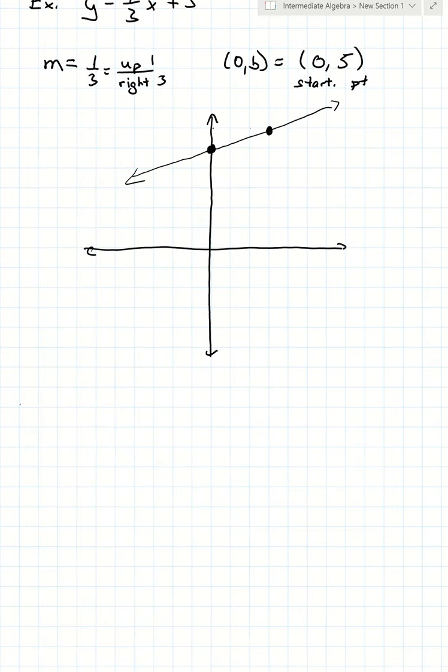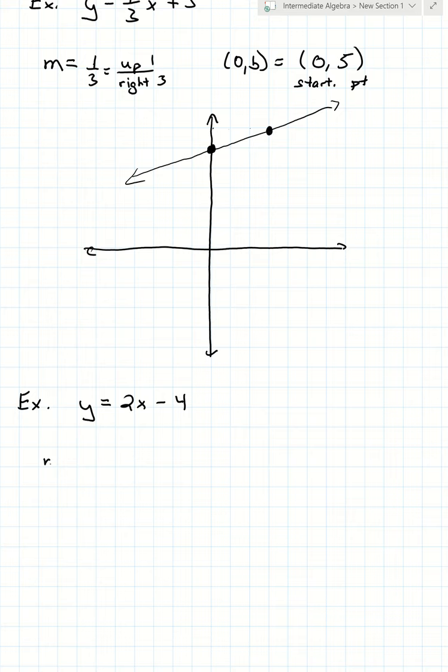Let's do another example. Okay? Let's say we have y equals 2x minus 4. Okay? Once again, this is not standard form. Standard form, remember, had the x and the y on the left side of the equation. Here we have y by itself. Okay?